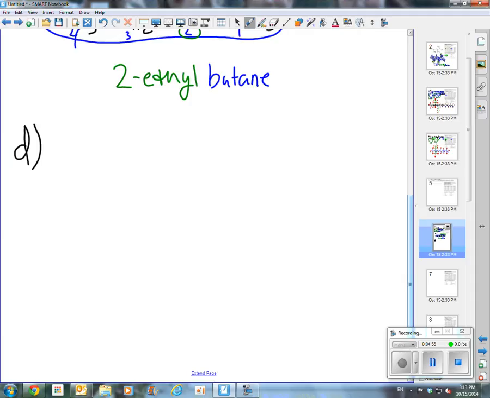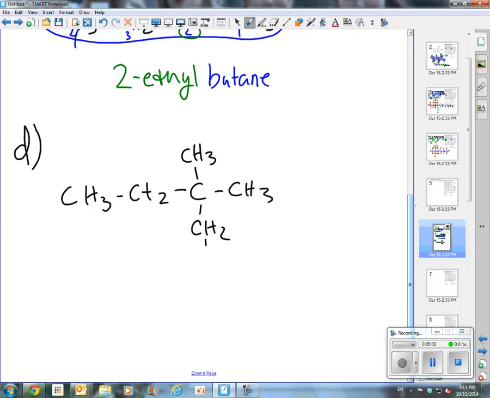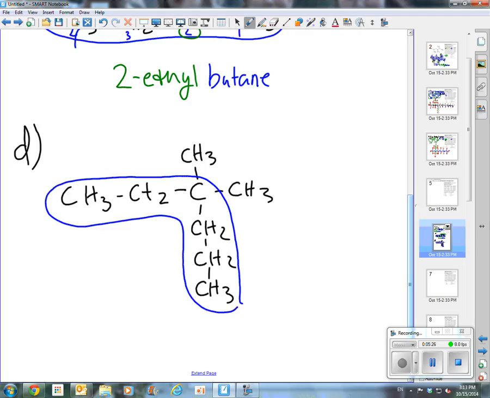So on D here, I've got a situation that looks like this. On D, so when I go to do my parent chain, this becomes my parent chain, the longest continuous chain of carbons.